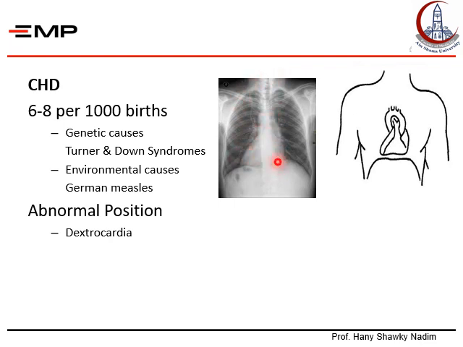It may be an isolated anomaly, or maybe a part of a total reversal of all organs, which is called situs inversus totalis. In dextrocardia, the patient may not suffer any manifestations or complications.